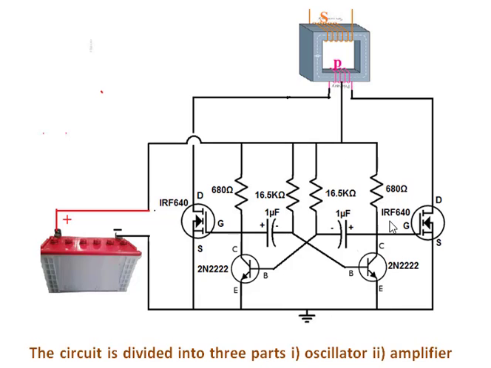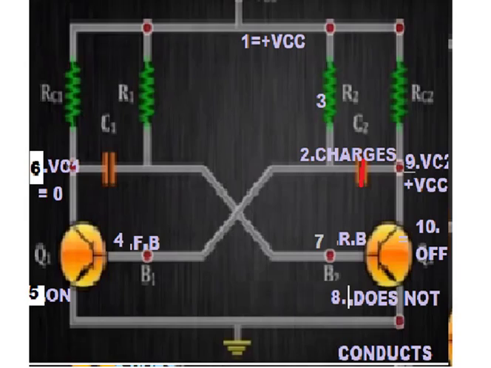This circuit is nothing but an astable multivibrator. We have already studied that an astable multivibrator uses two transistors.